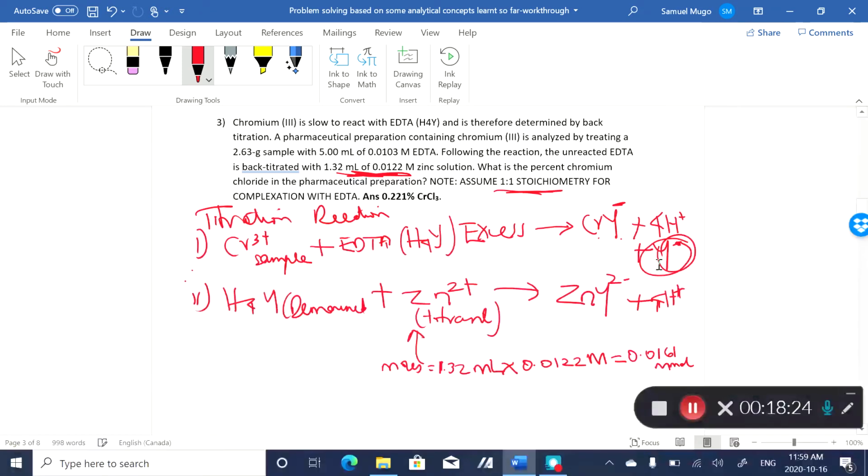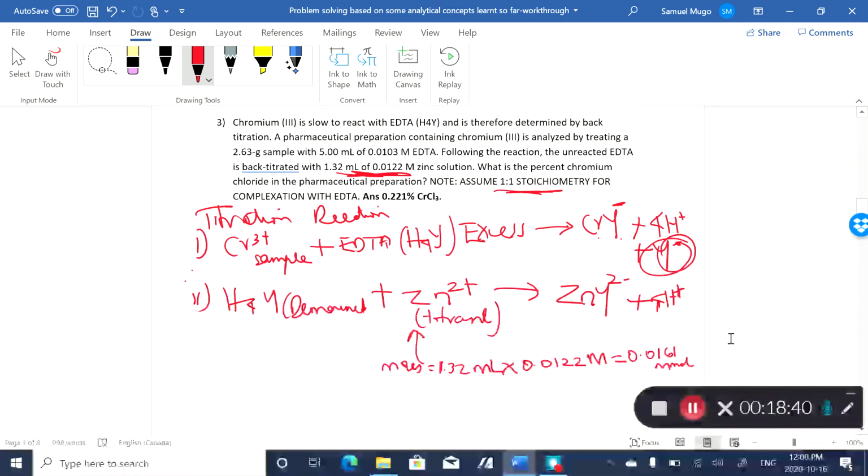Remember, anytime you take mL multiplied by molar concentration, you get millimoles. If you'd like to convert this into liters, you may, but if I were you, I would just leave it as mL. It's easy, and then you get your units in millimoles.